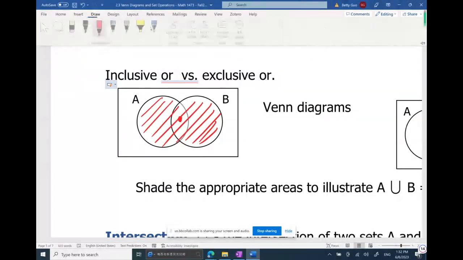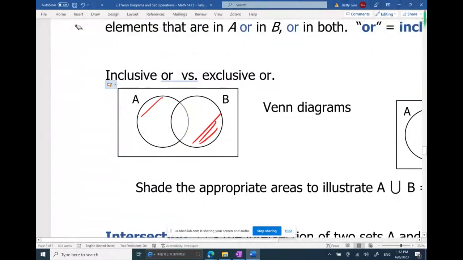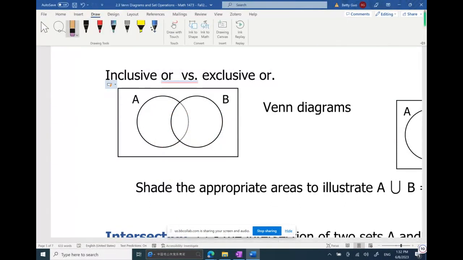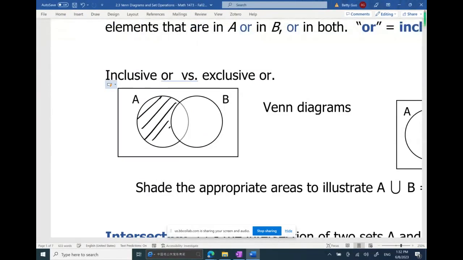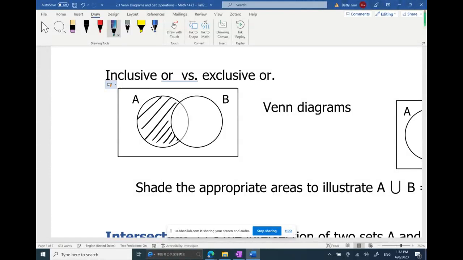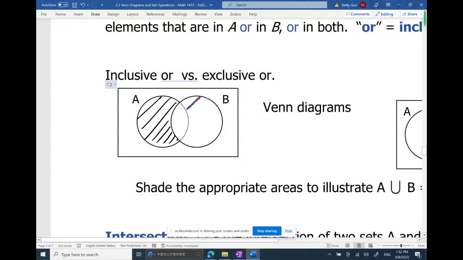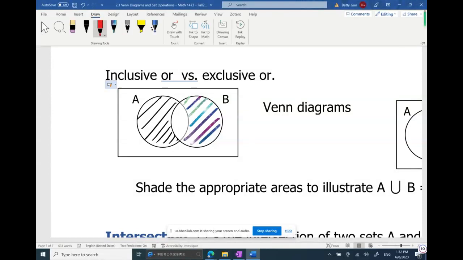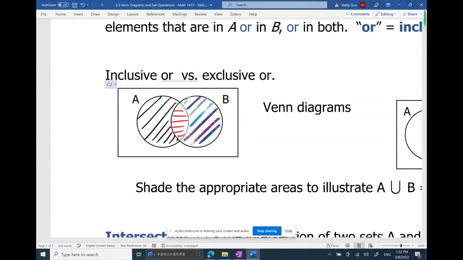And this region has two parts. Let me color them differently. So this is A, only A. And this is only B. Right? Only B, not A. And this is A and B, both, right?